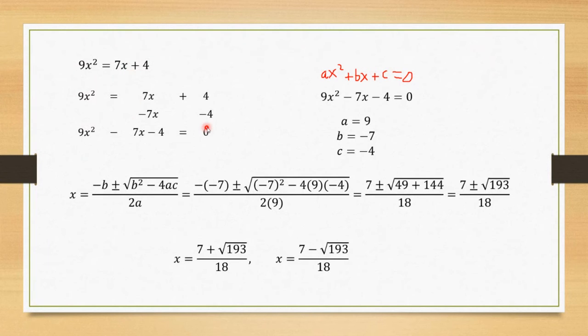I didn't do it on the left side. Let me add that in quickly. You want to get the right-hand side to be 0, so you subtract 7x and 4 from both sides. And then we get that.